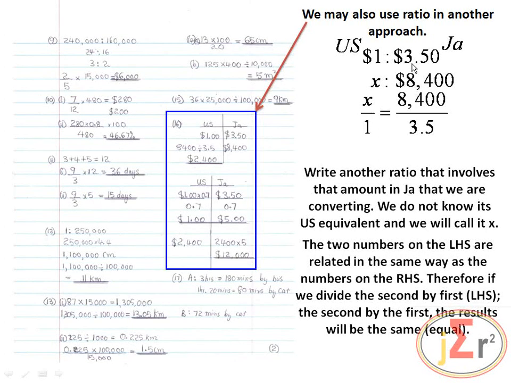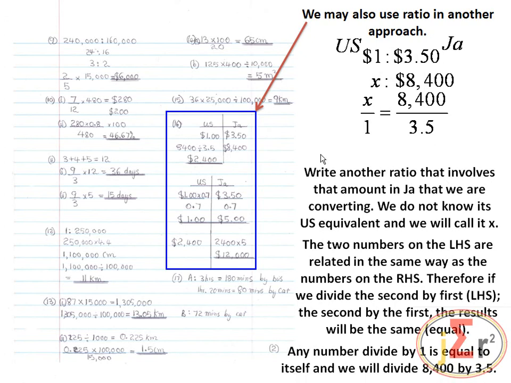And this will be a lot plainer when we go to tutorial number 4, because anything that seems a little bit shady or uncertain, or that we are leaving a stone unturned, we will make sure that it is handled in another tutorial, and that we will do for this kind of situation where we are saying x divided by 1 is equal to 8,400 divided by 3.5.